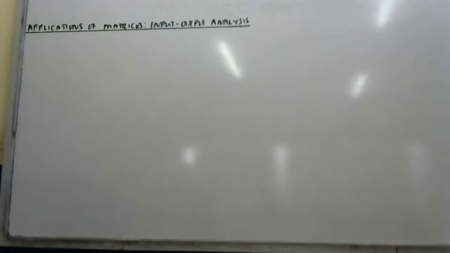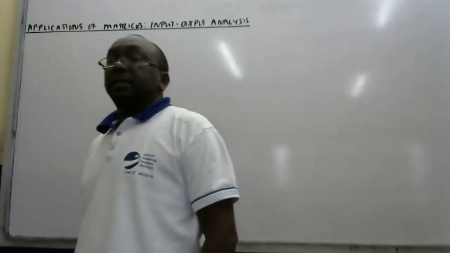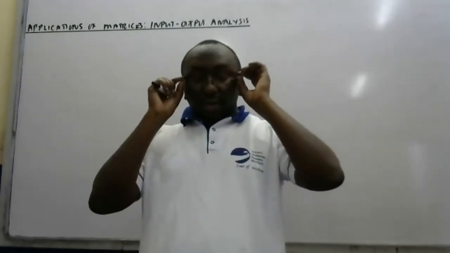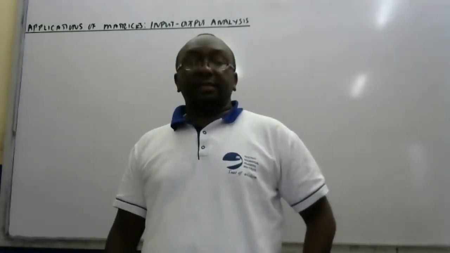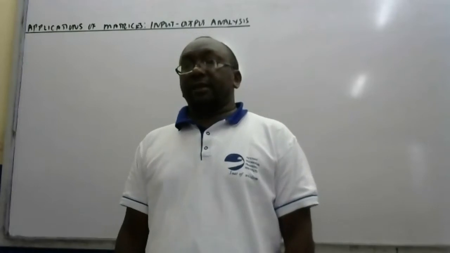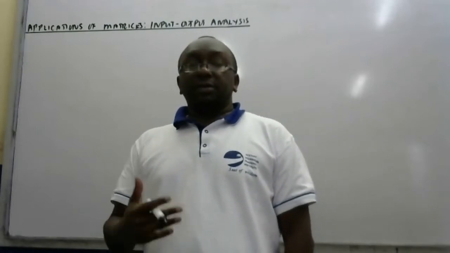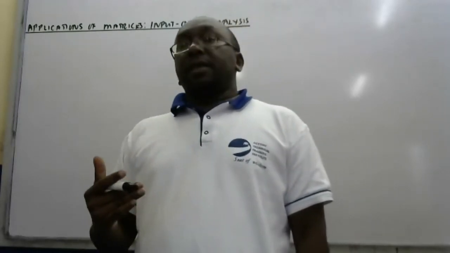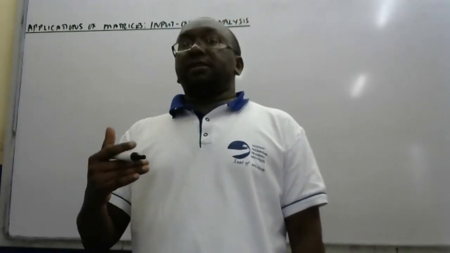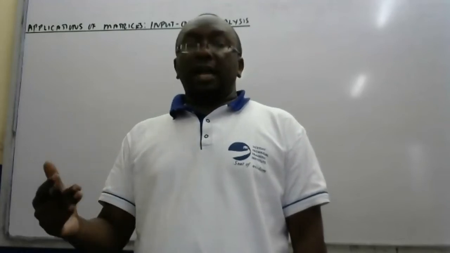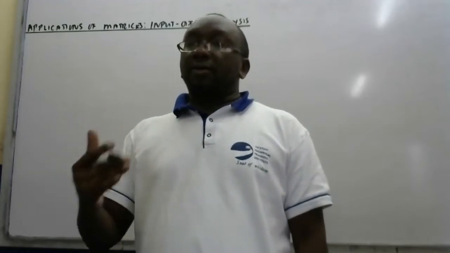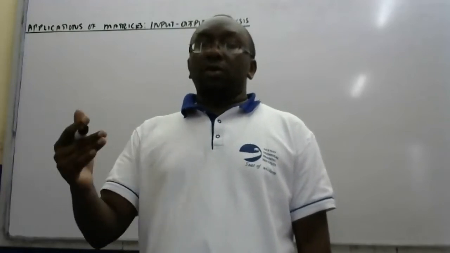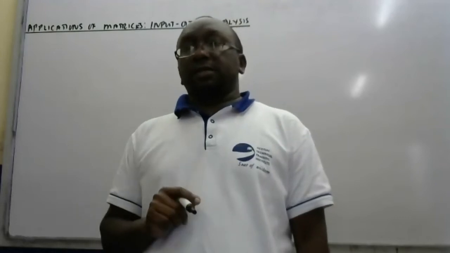When you talk about input output analysis, it is simply a study of how sectors in an economy depend on each other. It is about the interdependence, and specifically how a sector obtains the input, as in from whom and in what quantities, and how the output from a sector is used, again as in by whom and in what quantities.